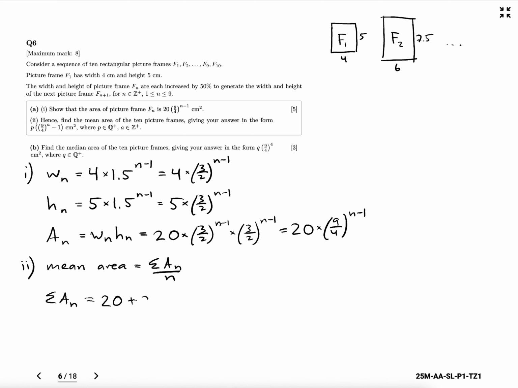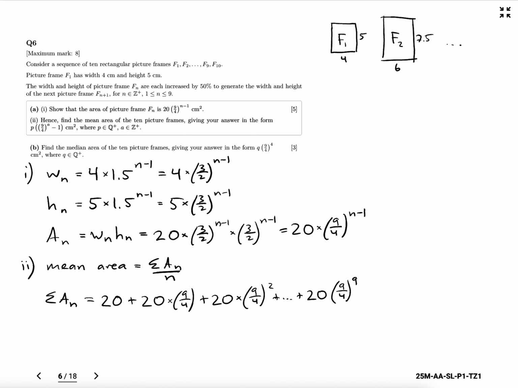And for n equals 2, it's going to be 20 times 9 over 4 to the power of 1, and then plus 20 times 9 over 4 squared, and so on. That's going to continue, and the last term is going to be when n equals 10. We're going to have 20 times 9 over 4 to the power of 9. So these are all the areas that we're summing together.